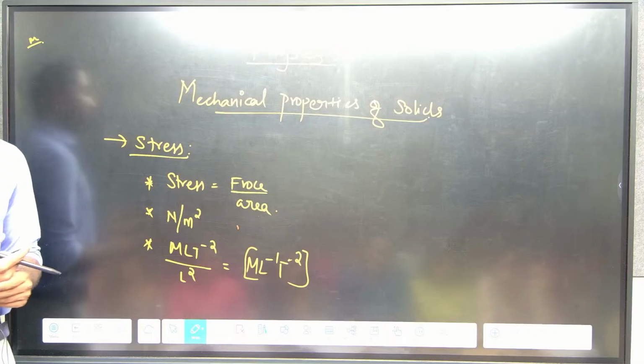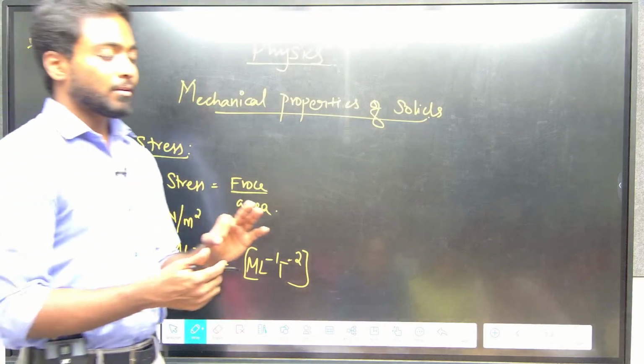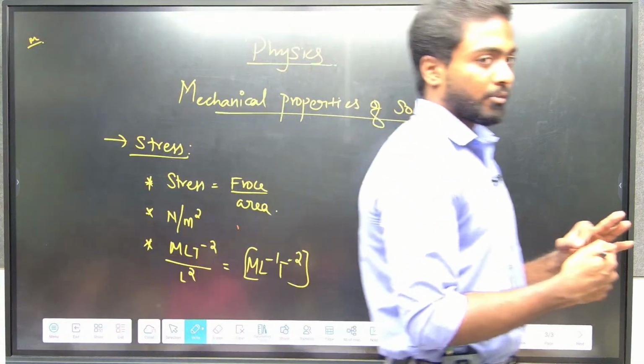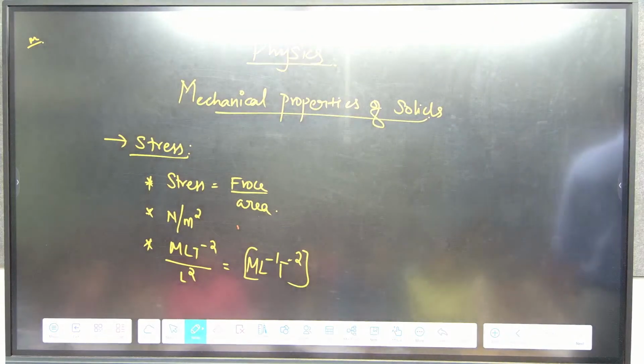Next point, there are three categories or three types. Completed? Yes. Once you have completed, let me know. Completed. Okay. Three types.